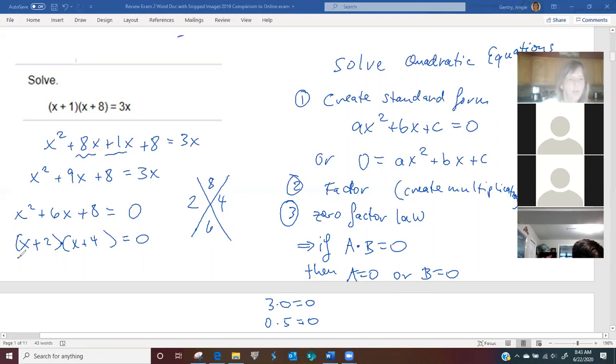So if this piece is 0, it doesn't matter what that piece is, then the statement is true. If I call this A and I call this B, it doesn't matter. When you're multiplying two items, if either one of them is 0, it makes that statement true. So that's the solution.